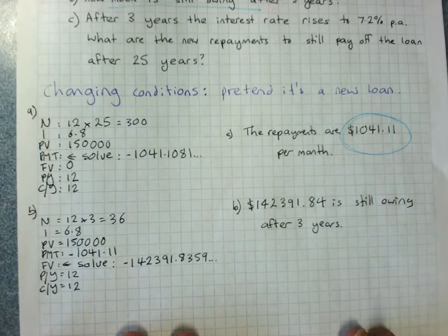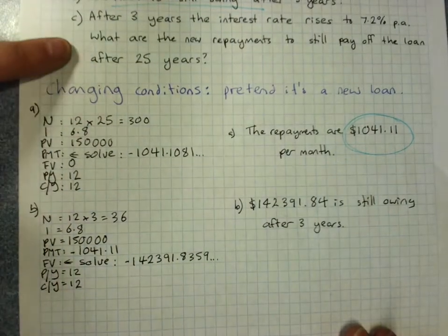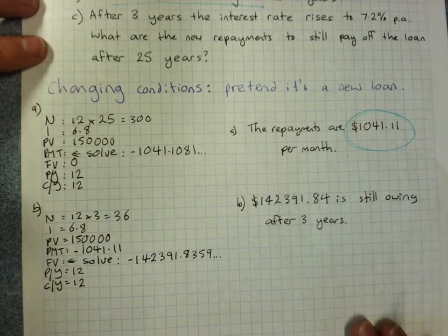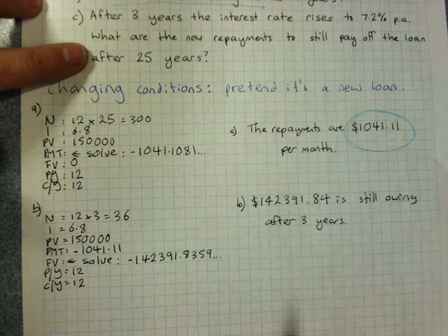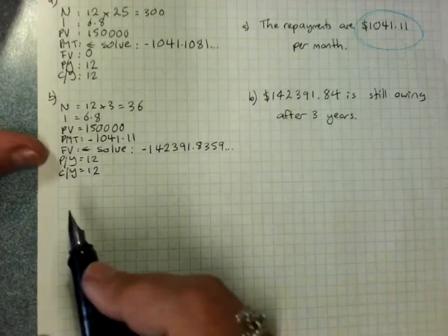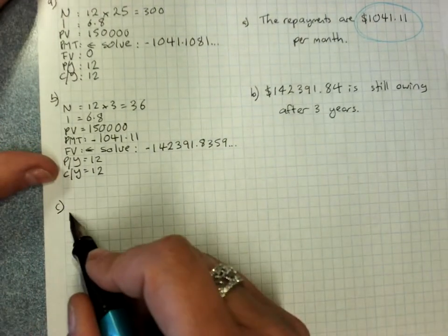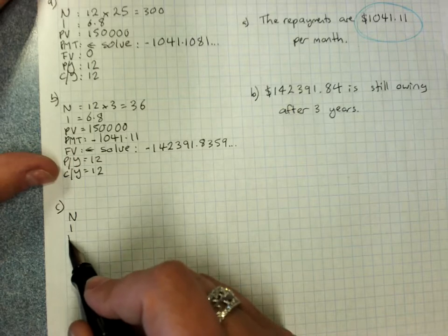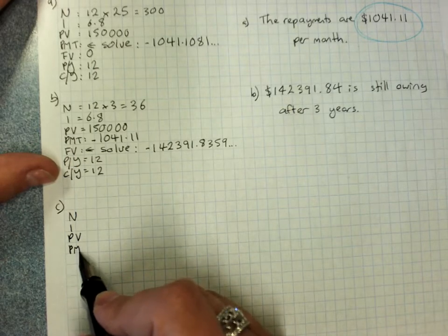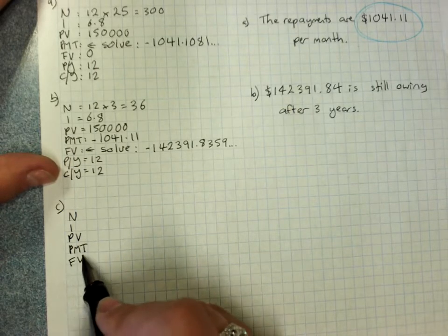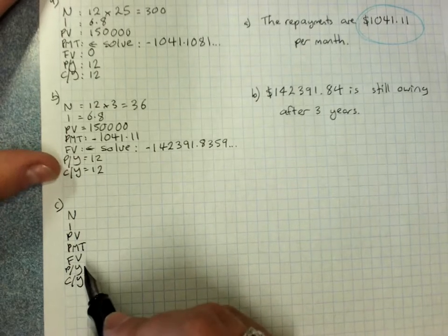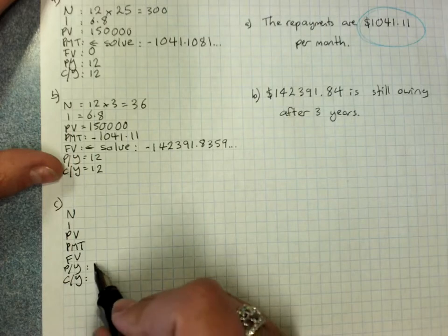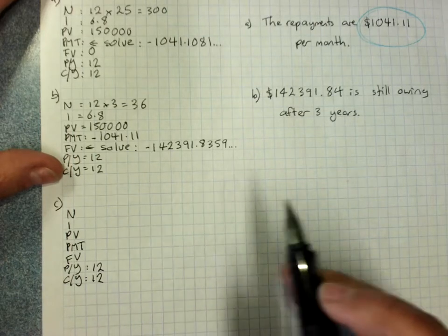Now, after 3 years, the interest rate rises to 7.2% per annum. What are the new repayments to still pay off the loan after 25 years? Treat it as a new loan. We're still making monthly repayments, so that's still 12.